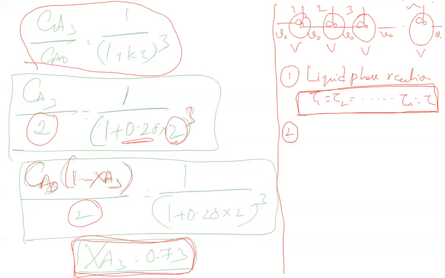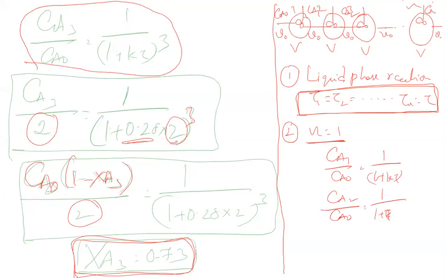Suppose the order is 1, that is, if you are doing a first order reaction, then whatever we have derived here, let's say this is Ca0, this is Ca1, Ca2, Can. Ca1 by Ca0 equals 1 by (1 plus k tau), Ca2 by Ca0 is equal to 1 by (1 plus k tau) whole square.